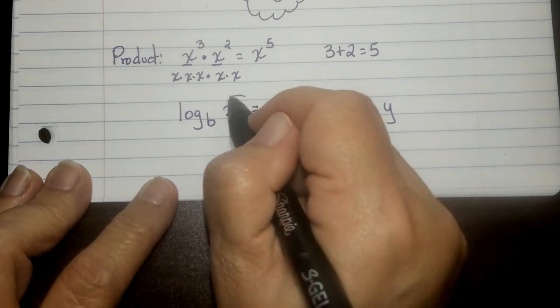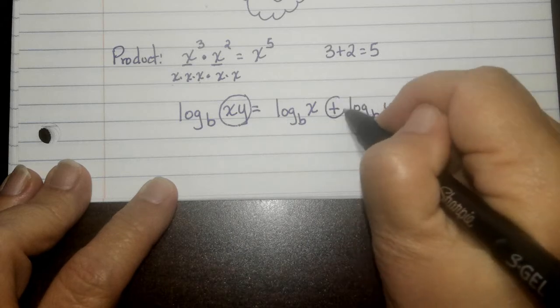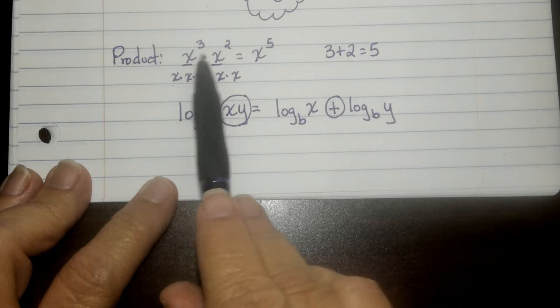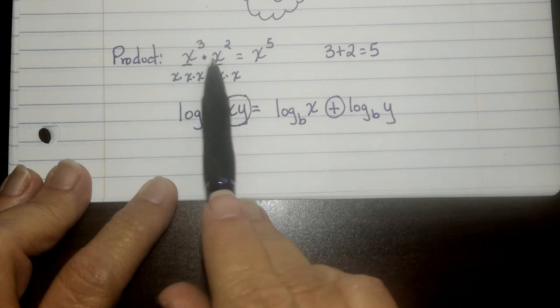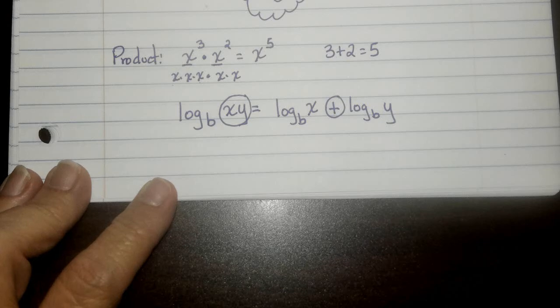So when I have multiplication going on, I'm going to add my logs together. Just like with my exponents, when I multiplied my exponents, I added the exponents to get my answer. So there's the connection.